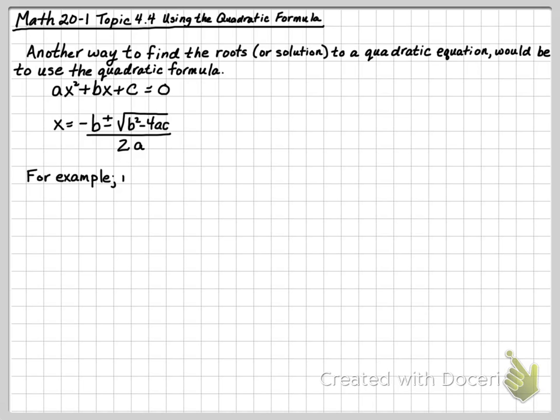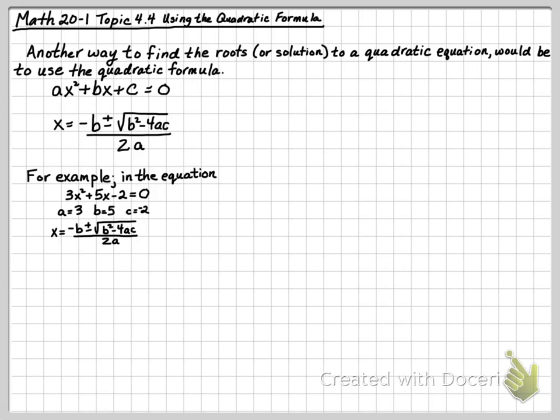Let's look at an example. In the equation 3x squared plus 5x minus 2 equals 0, a has a value of 3, b has a value of 5, c has a value of negative 2. So when we take our quadratic equation as it is there, we're going to do the substitution.